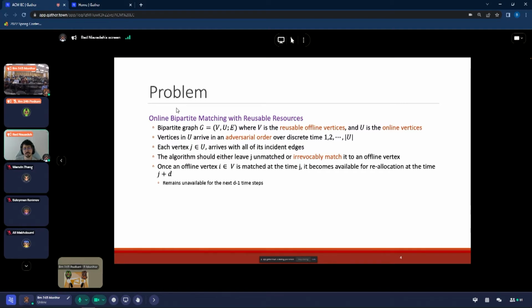That means that whenever our algorithm matches an offline vertex I, it will become available again after D time steps. In other words, if we match vertex I to an online vertex J, I will be available again when the online vertex J plus D arrives.